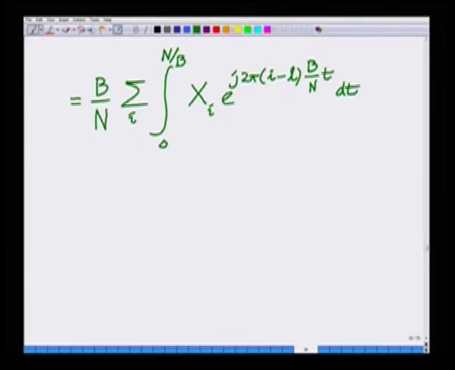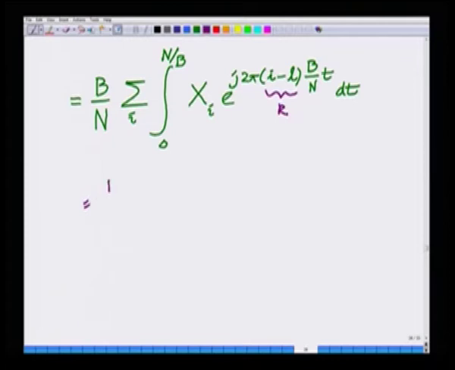All right. So, now look at this, this is B over N summation i, 0 to N over B, x_i e to the power j 2 pi (i minus L) B over N t. Let me call this as some k. Okay, let me call this as some k.